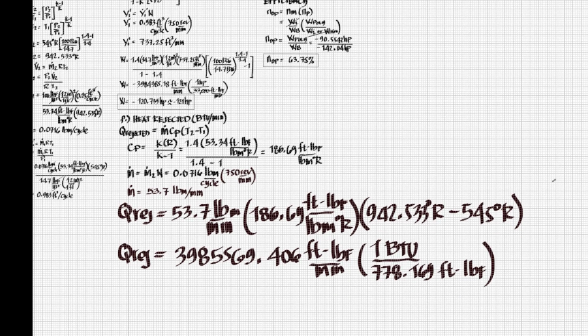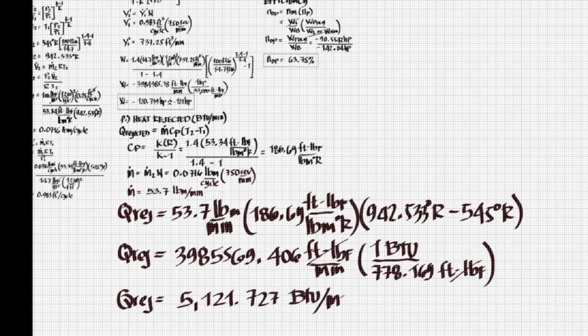So after converting that one, my Q rejected is now in BTU per minute, which is equal to 5,121.727. So that is BTU per minute.